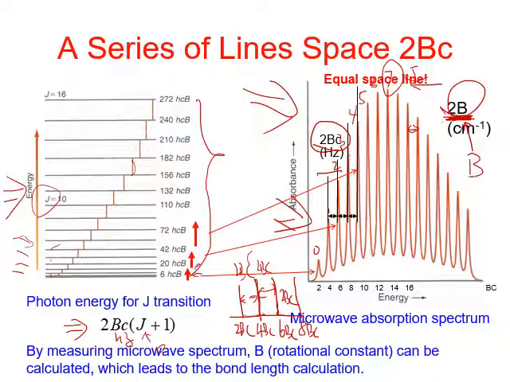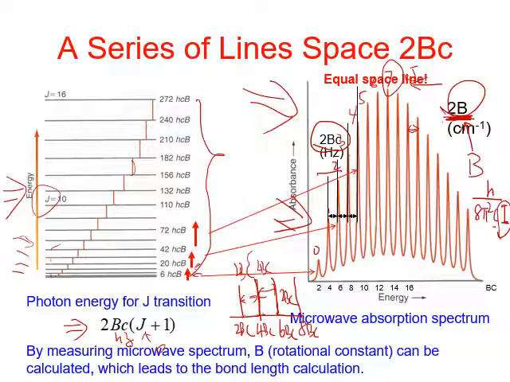B is the rotational constant, and the rotational constant equals h, Planck constant, divided by 8 pi squared c times I. So we know Planck constant, we know the speed of light, and therefore we can find the moment of inertia.